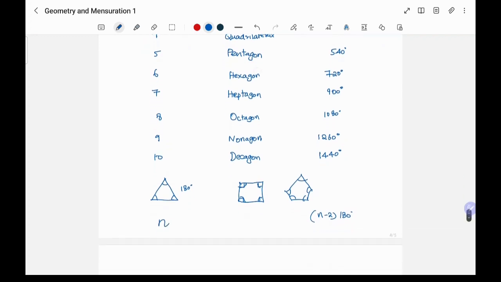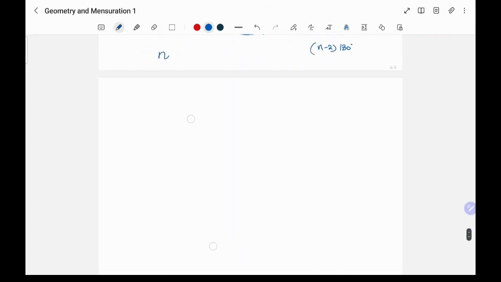So that is our first property, the sum of interior angles of an n-sided polygon is (n minus 2) into 180 degrees.